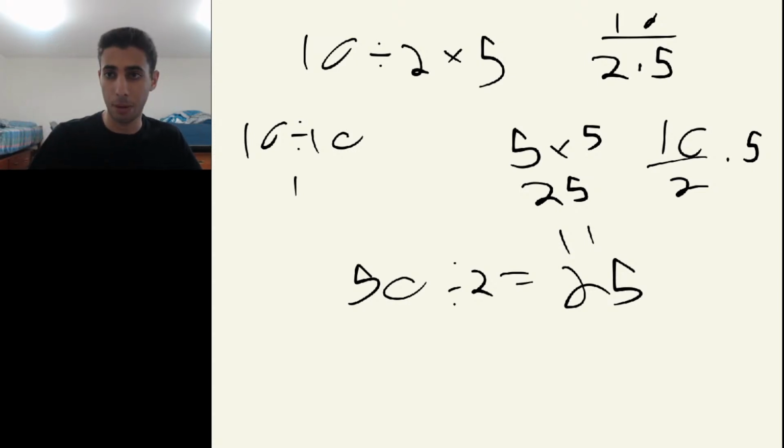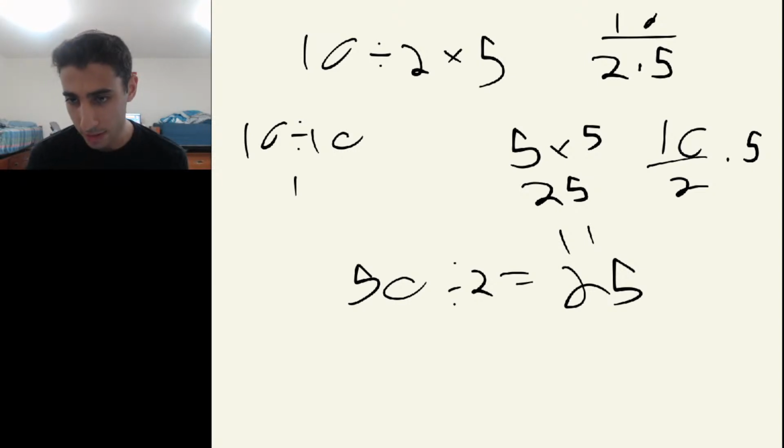If we go to a Python compiler online, just because I don't want to open it on my computer, and we do 10 divided by 2 times 5, I'm pretty confident that this will evaluate to 25. So yeah, that's 25. The answer is that it's 25.